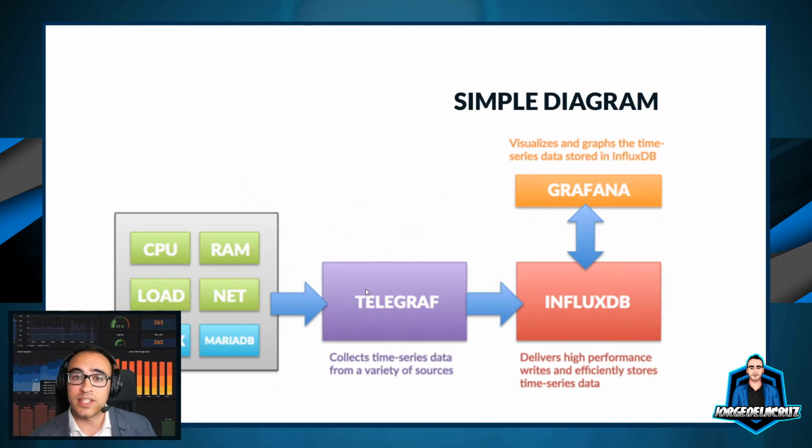Telegraf is just an agent that we can install in different places. We can install it in one place that retrieves data from other places, or we can install the agent on the different machines that we want to monitor. For example, imagine you have a lot of Linux systems across the network in the cloud, so you should put the Telegraf agent across those systems.